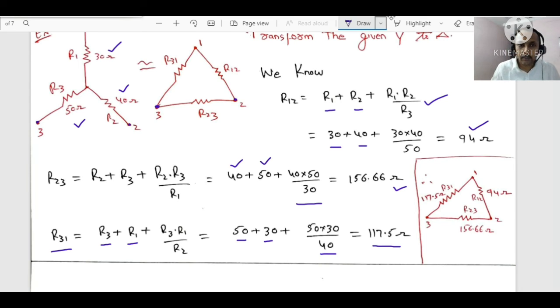Very simple. So that means if 30, 40, 50 ohm resistors are connected in a star manner, in delta they are equivalent to 94 ohm, 156.66 ohm and 117.5 ohms. Clear? Good.